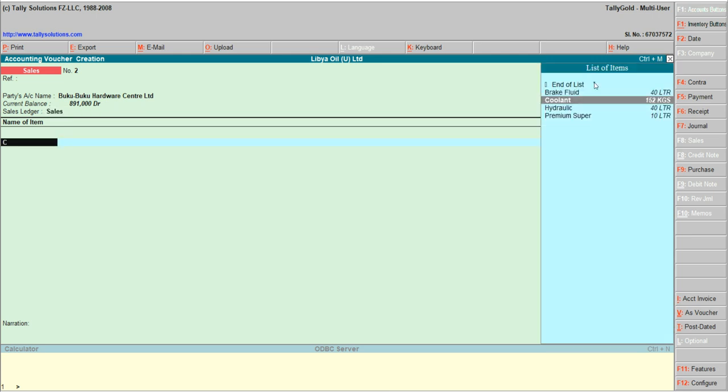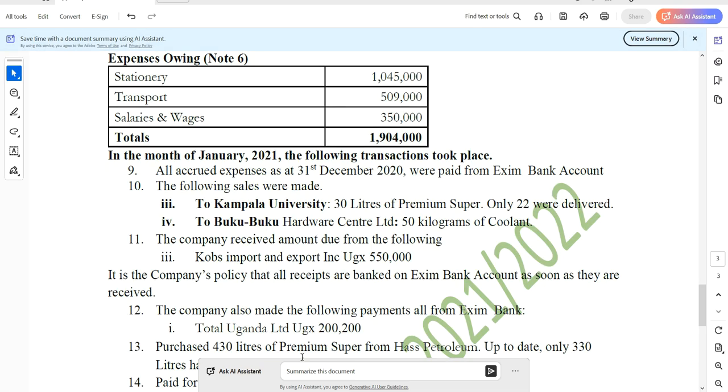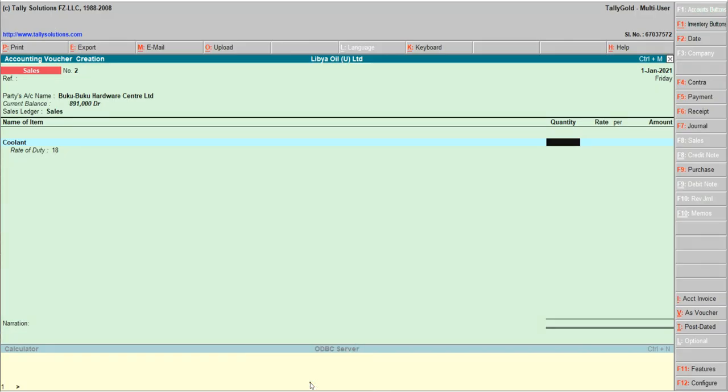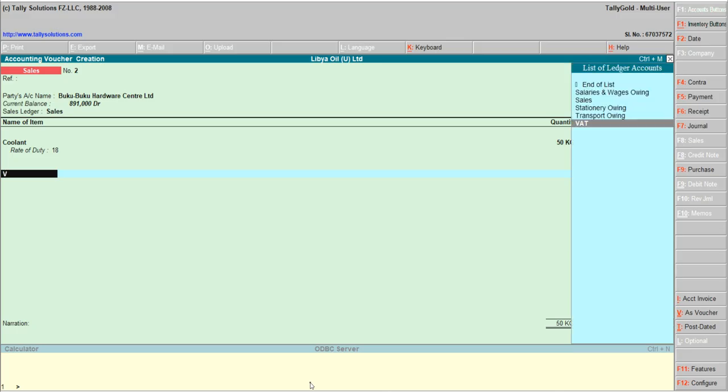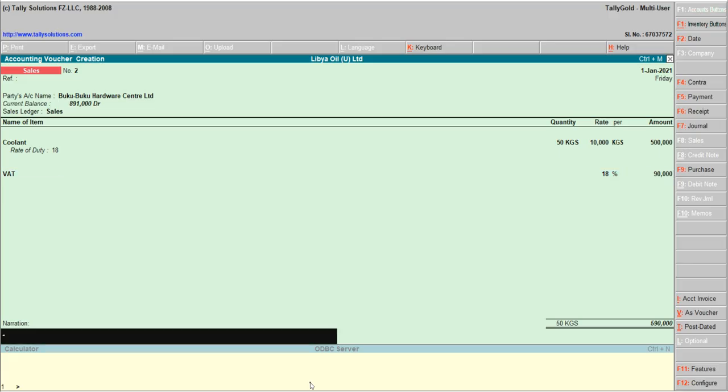What are we selling? Coolant. How many kgs? 50 kilograms of coolant. VAT, don't forget VAT. We have to consider VAT.